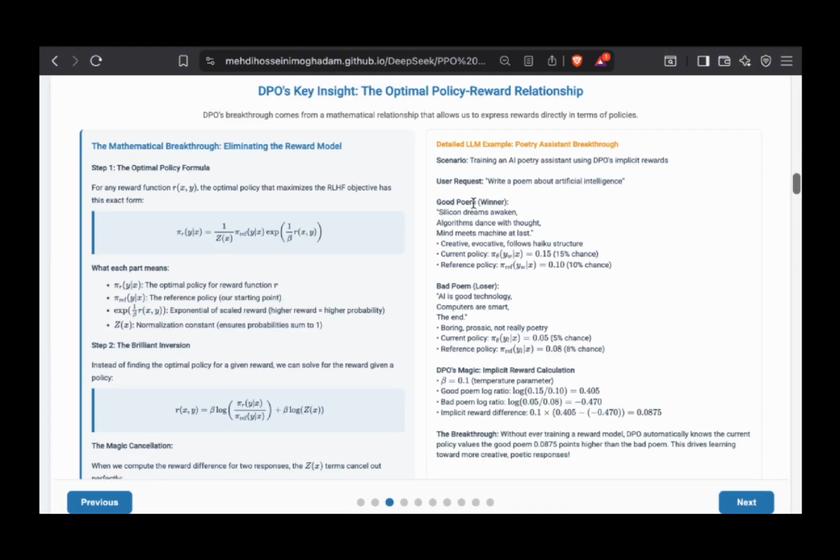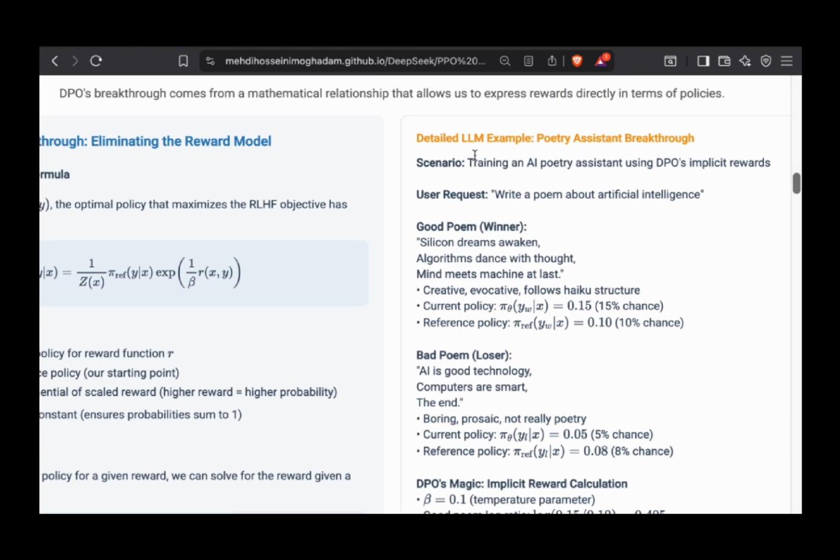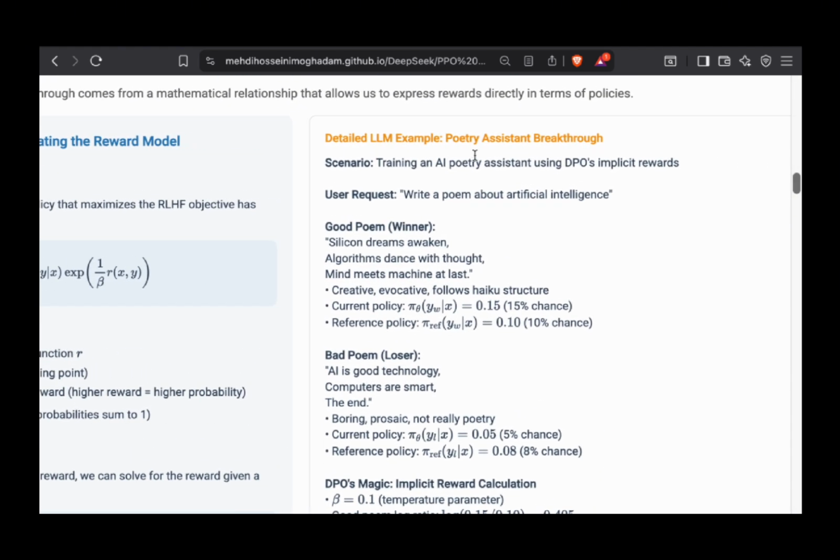So let's do a quick example, LLM based example for this. Imagine that the scenario is training an AI poetry assistant using DPO's implicit reward, and the prompt is write a poem about artificial intelligence. So imagine the good poem, the winner is: silicon dreams awaken, algorithms dance with thought, mind meets machine at last.